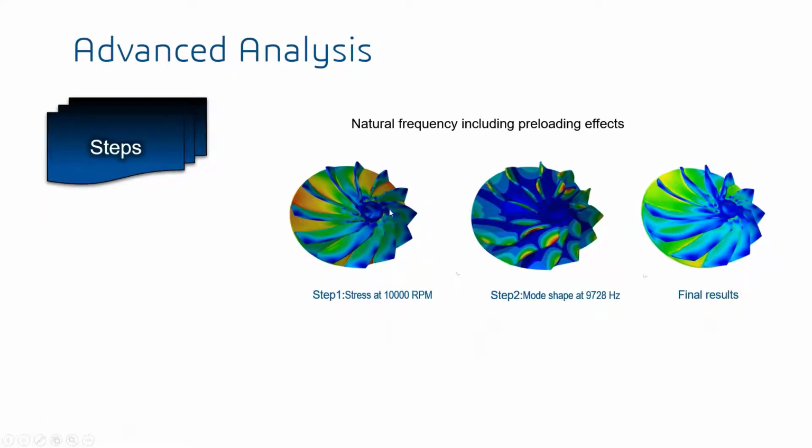More advanced analysis might be required to simulate the products in the real scenarios or the real environment. So to take that into account, the tool can naturally take into consideration, for example, that the turbine or an impeller is actually spinning at quite a high speed, which will affect the stresses and the stiffness of the structure.